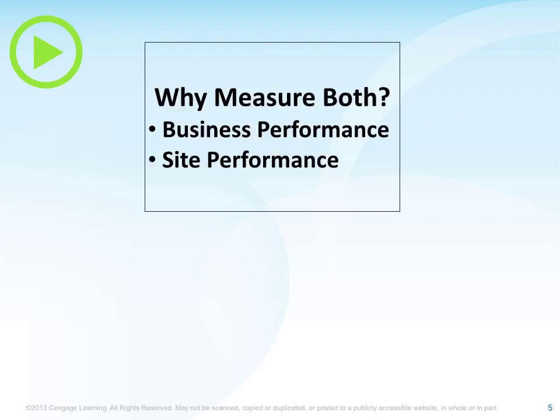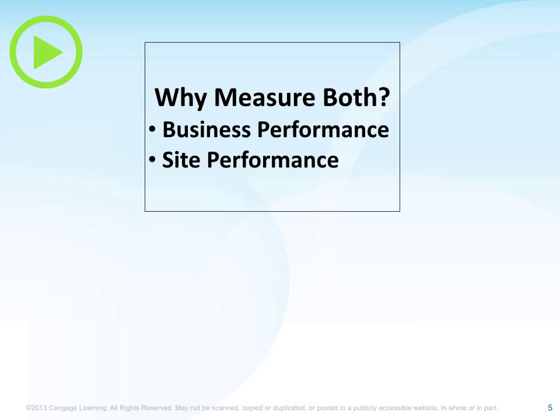Now, a great distinction that the book makes is this difference in measuring between business performance and site performance. And what is the distinction between the two? Well, your business performance metrics would be something along the line of increase in market share, increase in sales, increases in profitability, increases in new customers.